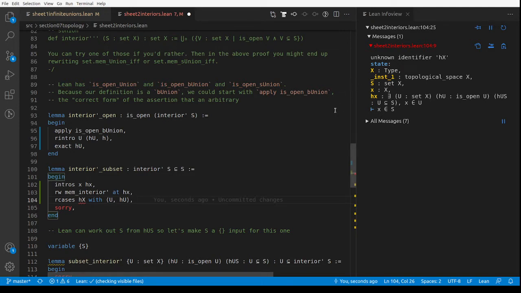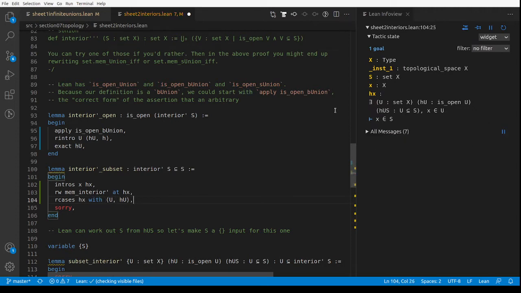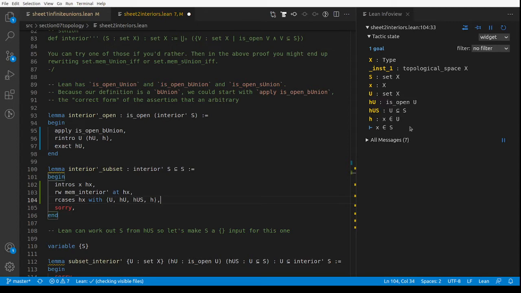Unknown identifier. What have I done? Oh, h little x, with U and hU. So that's hU, comma, and then h. And now h says there exists, so we can keep going. There exists a proof, so this is hUS, comma, h. There we go.